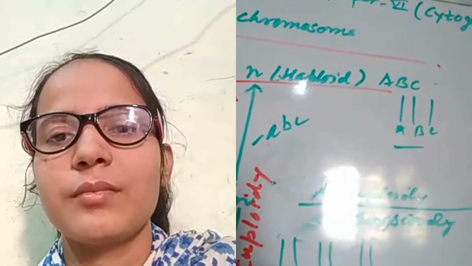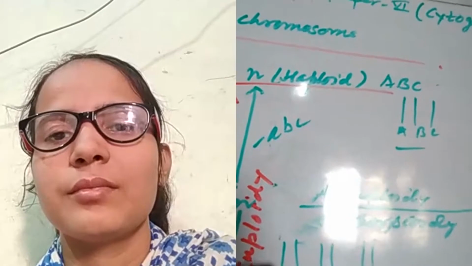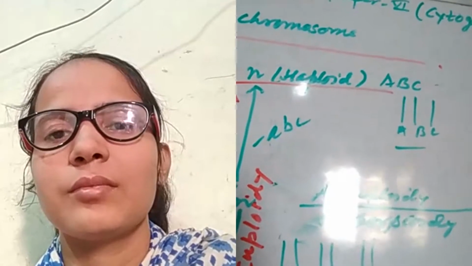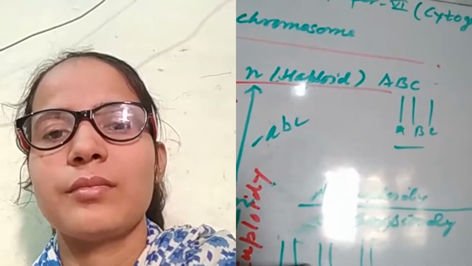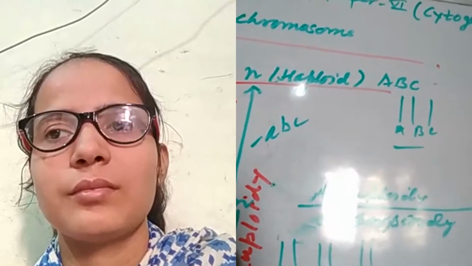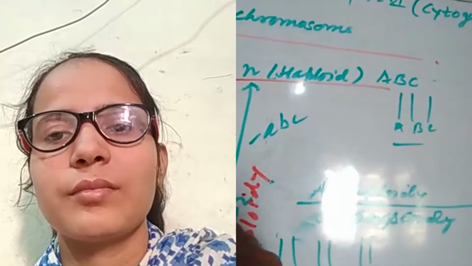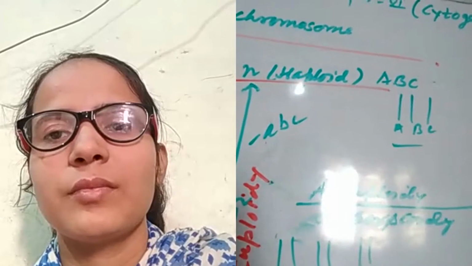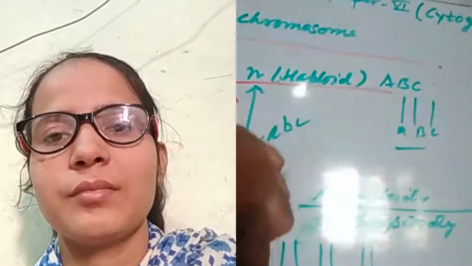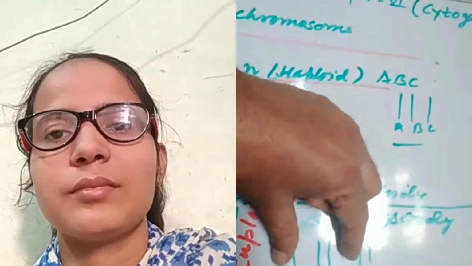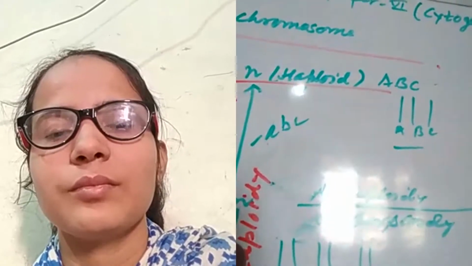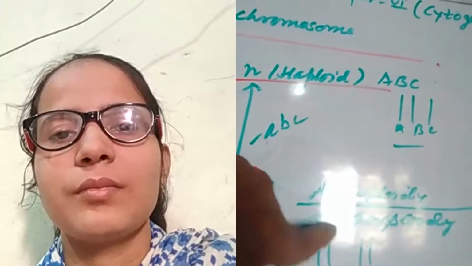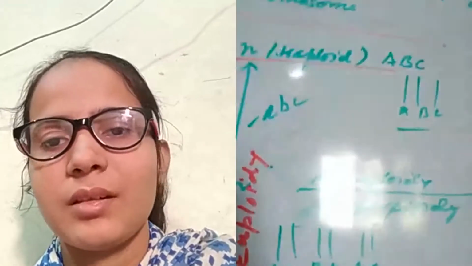You know that the chromosome indicated by the capital alphabet A, the chromosome indicated by the capital alphabet B, and the chromosome indicated by the capital alphabet C, these are the 3 chromosomes coming from the paternal side, and the chromosomes small a, small b, and small c come from the maternal side.